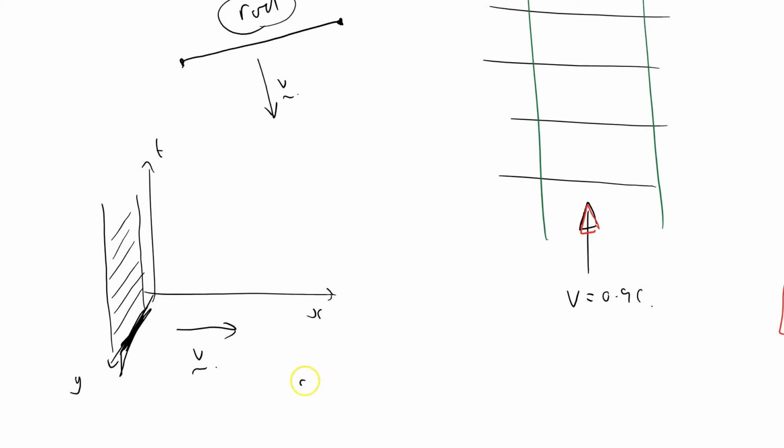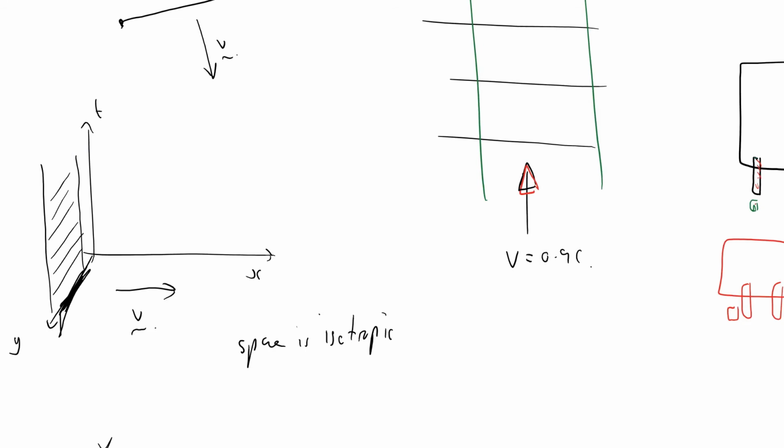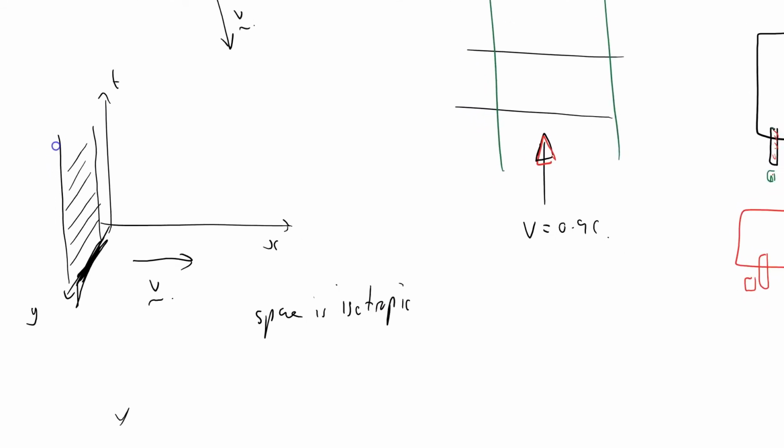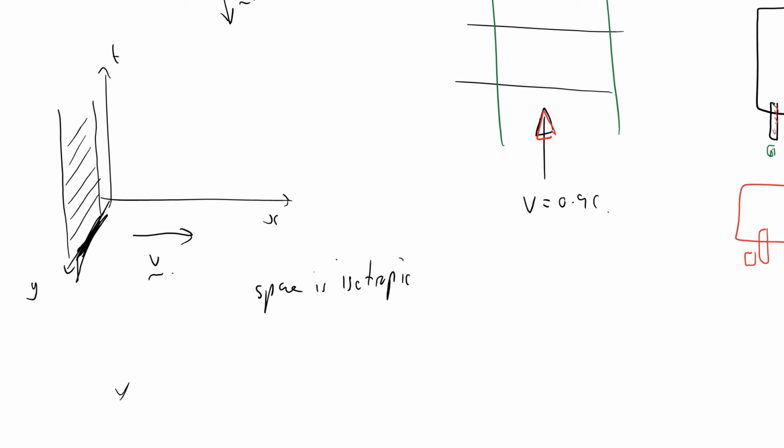And space is isotropic, so it can't depend upon the direction either. The only thing that can possibly change is the time, as measured by the observer moving with the rod or the observer at rest with respect to this coordinate system here.